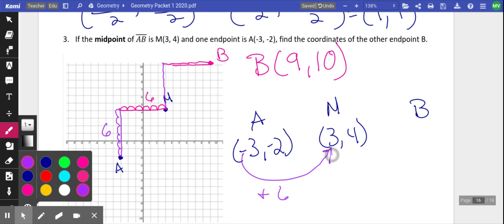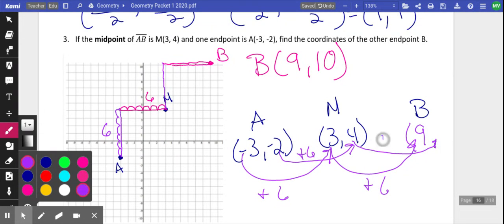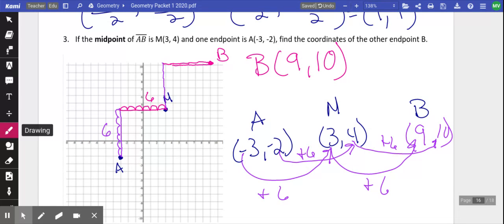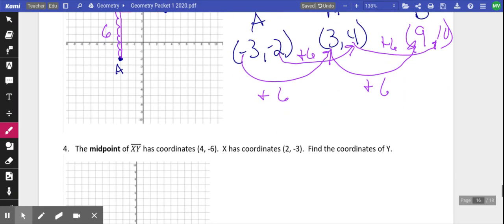So then from 3 to B, I'm going to add 6, and I get 9. And then from -2 to 4, I added 6. And then from 4 to B, I add 6, and I get 10. So there's 2 options there for you. If you have any questions on it, please remember you can always ask me.